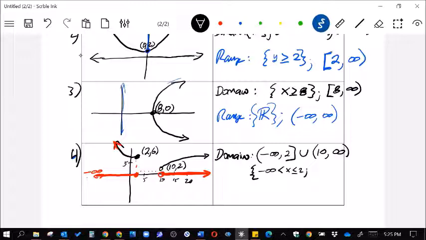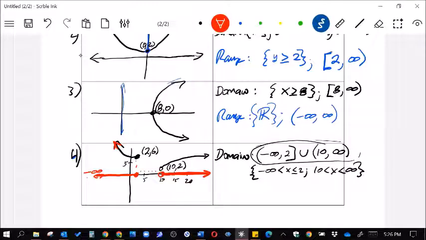Then I put the semicolon, and then 10 is less than x, which is less than infinity. But I would not use the line underneath the 10 there because the 10 is not included. This, however, is the better way to show that domain.